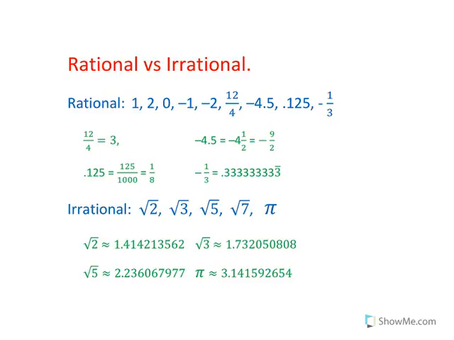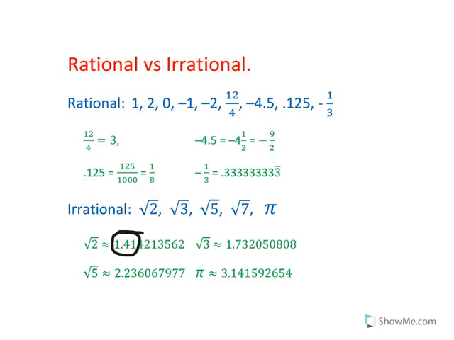However, irrational numbers, if you were to write a decimal form, would not terminate, and would not repeat. It goes on forever with no pattern. So the square root of 2, and that's why I write approximately equal, 1.4142135. What we really call it is 1.414, or 1.4, and that's an abbreviation.